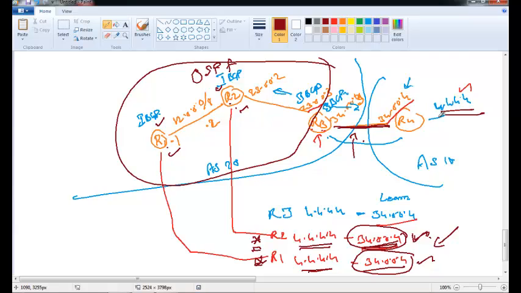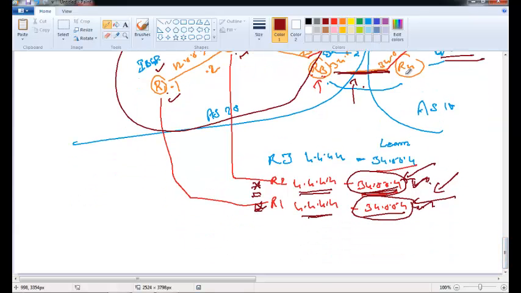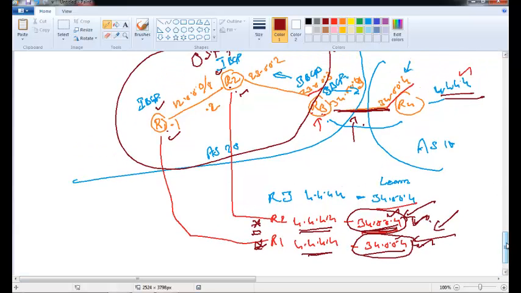Why did this problem happen? Because of this unreachable next hop address. Unreachable next hop address. By default, this is how it is. This is how BGP is designed. When a route is learned from an eBGP, the eBGP's address is carried inside IBGP.